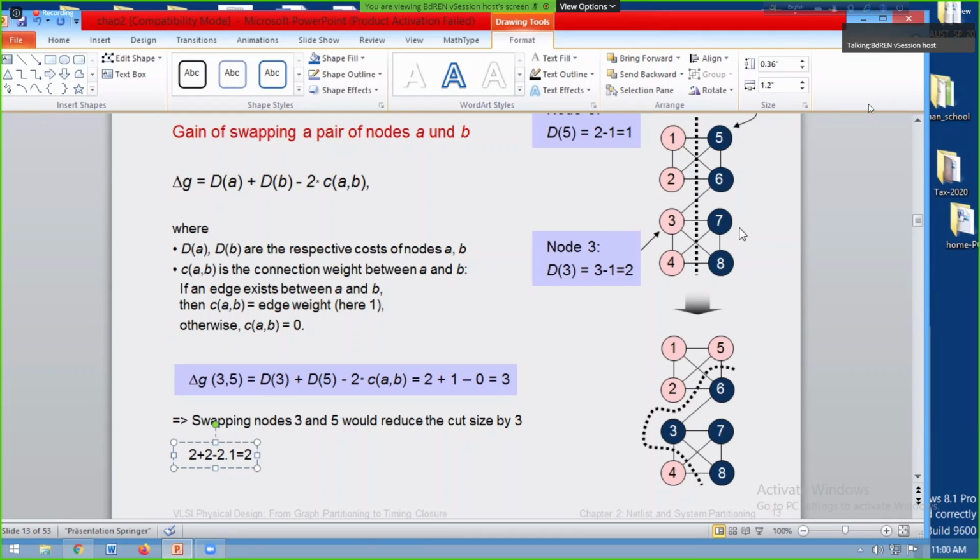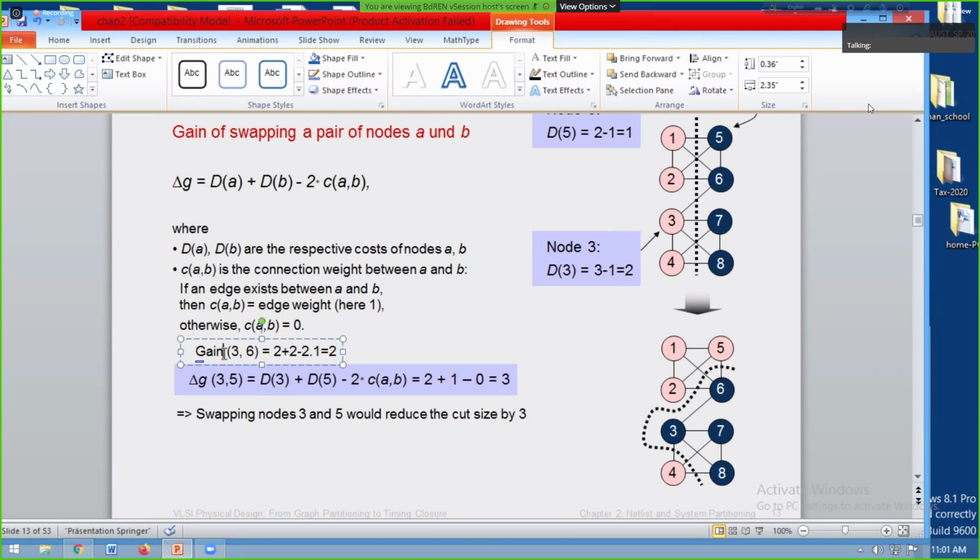Or we can copy from this one and move it from here, right? So you see, this is actually reducing. When there is a connection between those two nodes, the gain is reducing.